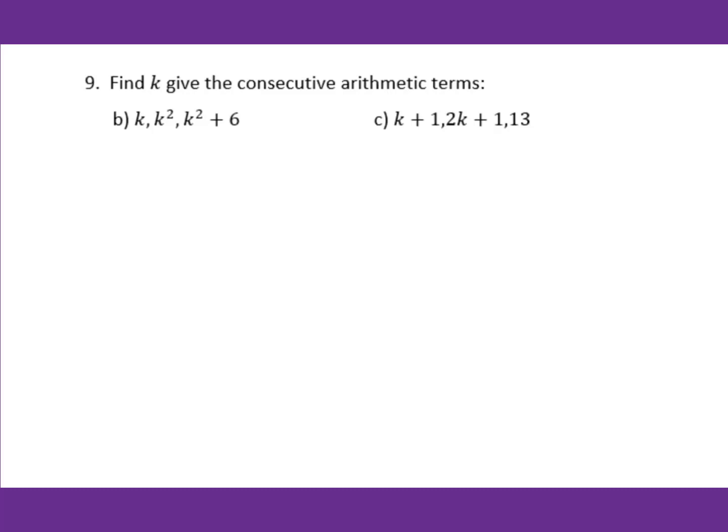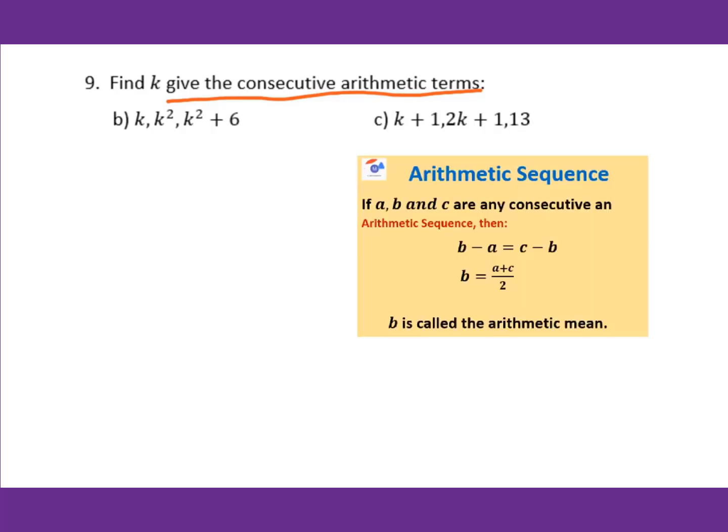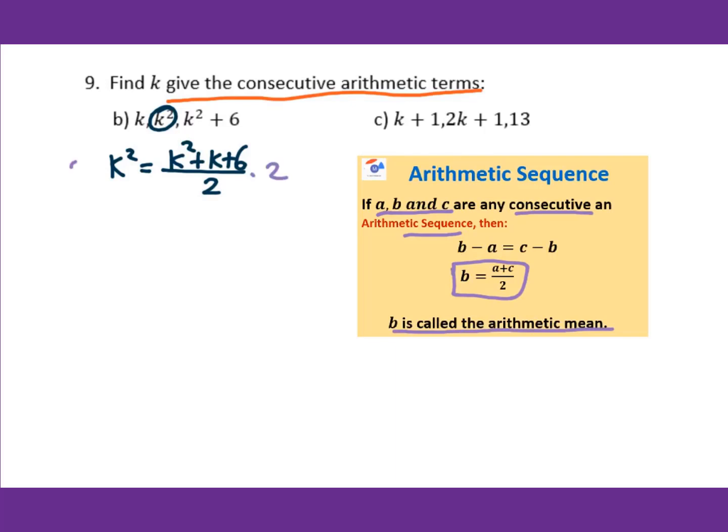For number 9, we are given the consecutive arithmetic sequence. Then you need to find this k. Here's the formula. For A, B, C consecutive in an arithmetic sequence, then B equals A plus C over 2. B is called the arithmetic mean. In other words, I can write down k squared equals k squared plus k plus 6 over 2. Then I need to solve for this k. Multiply by 2 on both sides.